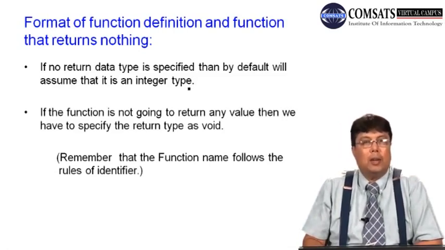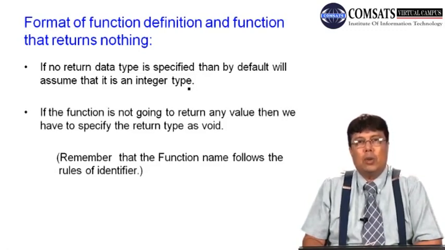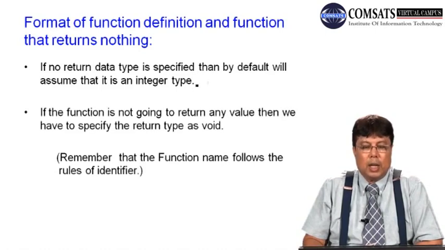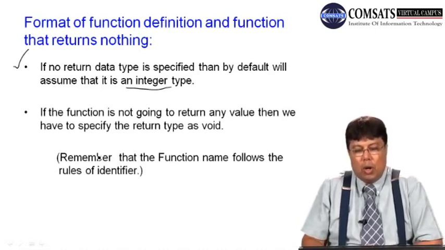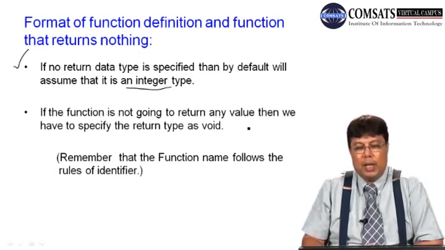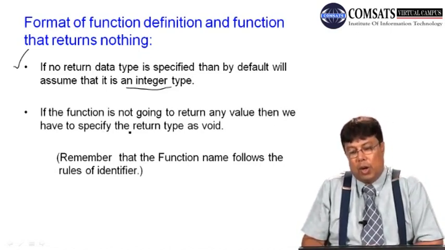Void cannot be called no data type. Void is a valid data type which indicates that the function is not going to return anything. So if we skip this data type, then by default the system assumes that the data type is an integer. You should remember this very important concept. If the function is not going to return any value, then we have to specify the return type, which is void.